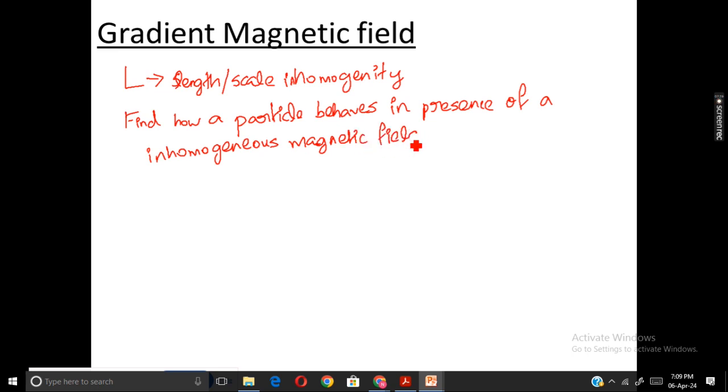As a first step, we are introducing this length scale L.